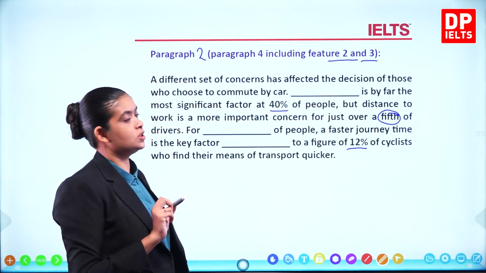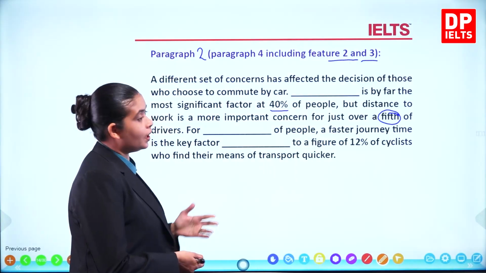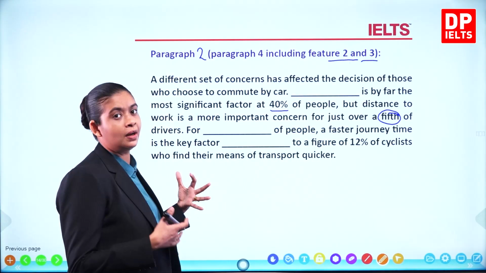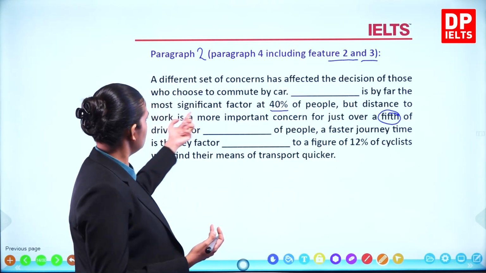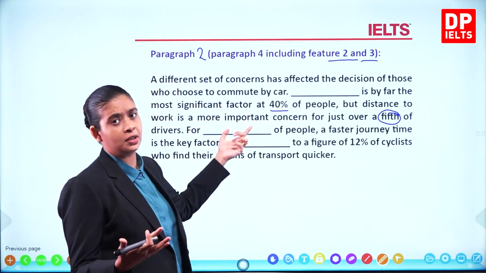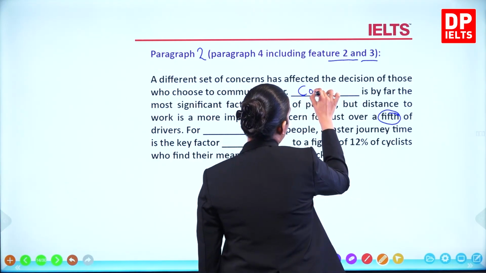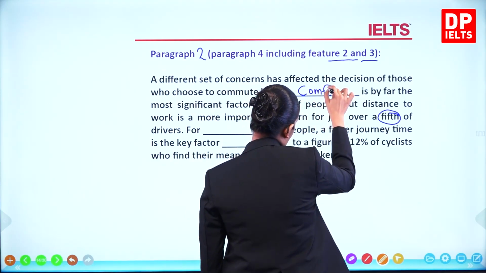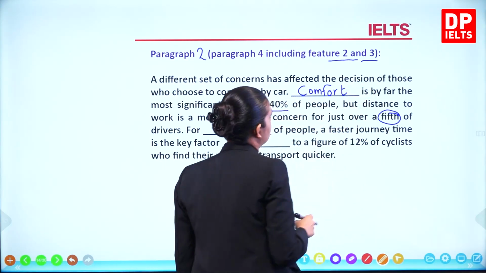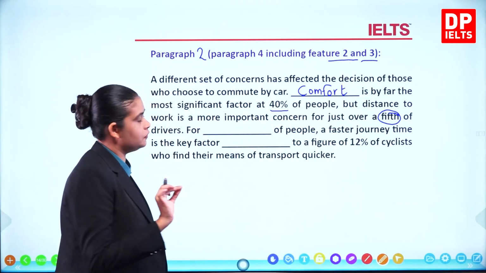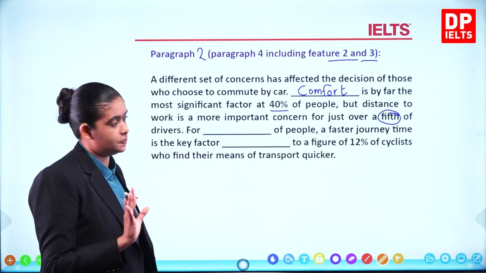So why do people actually travel by car? What was the main reason? Most significant factor, which was 40%. Why? Comfort. Okay. They wanted to travel to work comfortably. So comfort is by far the most significant factor, and that was 40%.